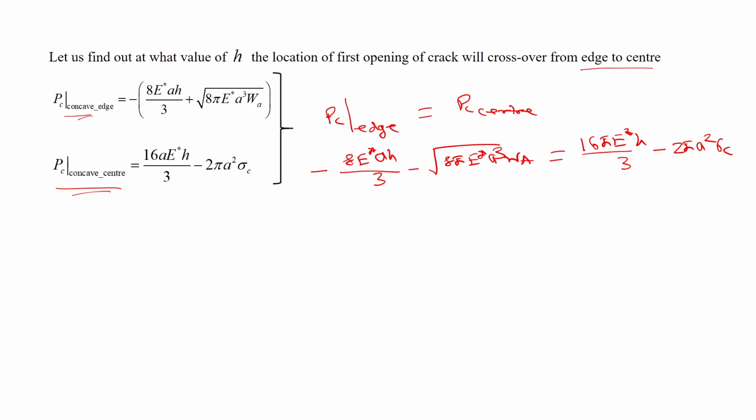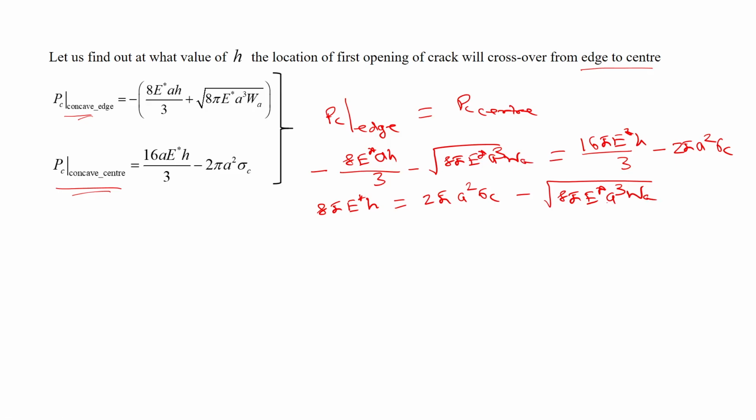So, now we can write, therefore, this is 24, so it is 8 pi E star into H, 8 pi 24, 8 H, that is equal to 2 pi A square sigma C minus 8 pi E star into A cube into W A, like that.